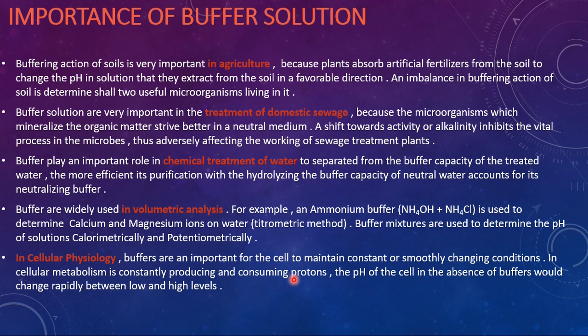That's how the cells maintain or resist pH change. The pH of the cell in the absence of buffers would change rapidly between low and high levels, which may lead to dysfunction of the cells, and cell dysfunction leads to tissue dysfunction, and tissue dysfunction will lead to organ dysfunction, and the organs lead to the death of the person.